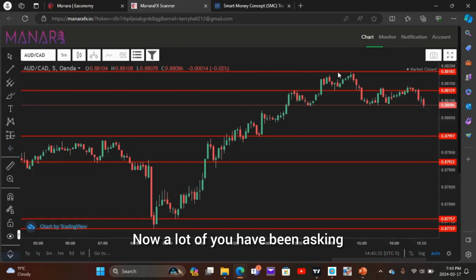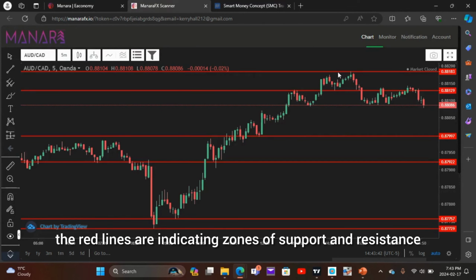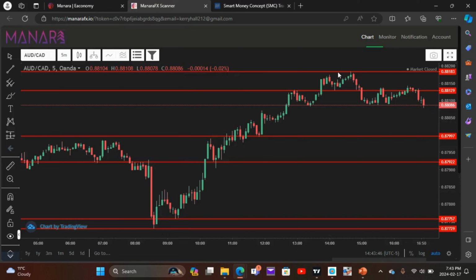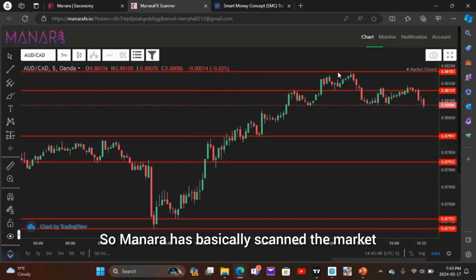Now, a lot of you have been asking, what are these red lines? What are the red lines here for on the chart? Simply put, the red lines are indicating zones of support and resistance. So Manara has basically scanned the market, analyzed the chart, and looked at those candlesticks to figure out which areas are providing a little bit of support and which areas are providing resistance.